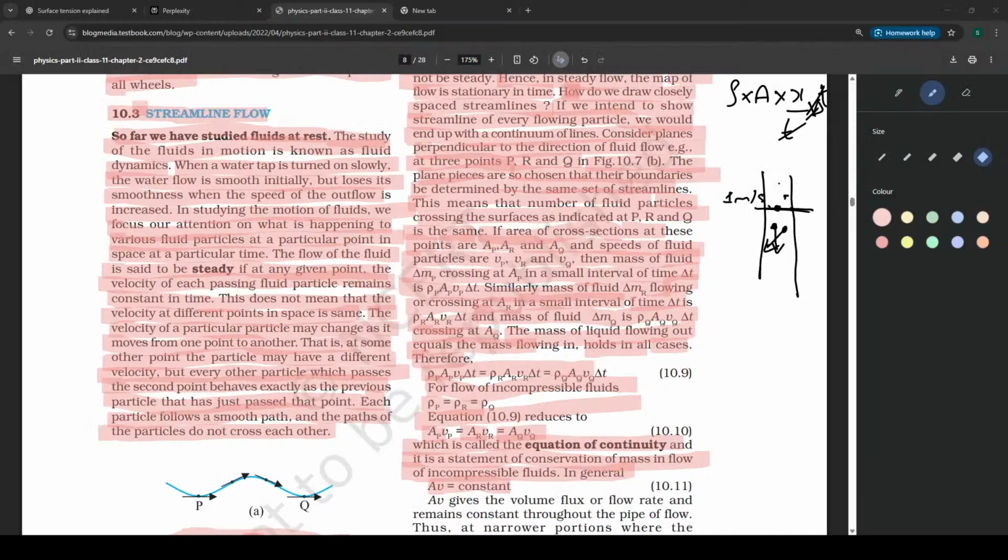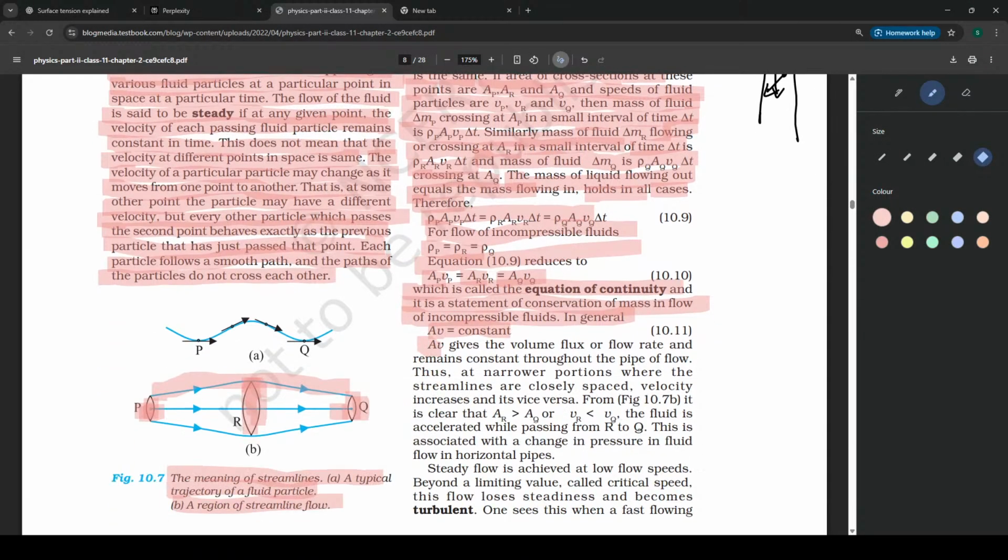Let's go back to the textbook. AV gives the volume flux or flow rate and remains constant throughout the pipe of flow. Thus, at narrower portions where the streamlines are closely packed, velocity increases and vice versa.